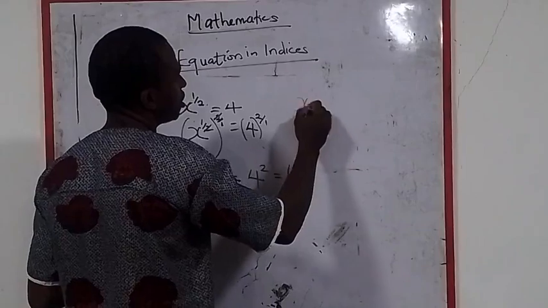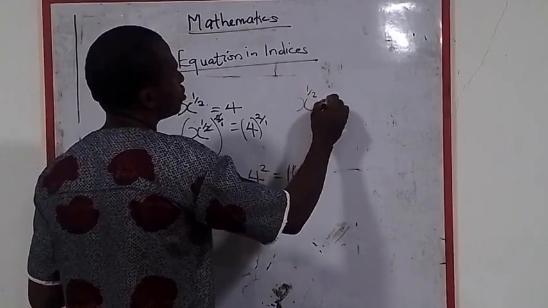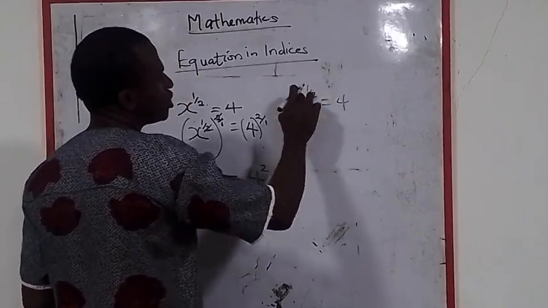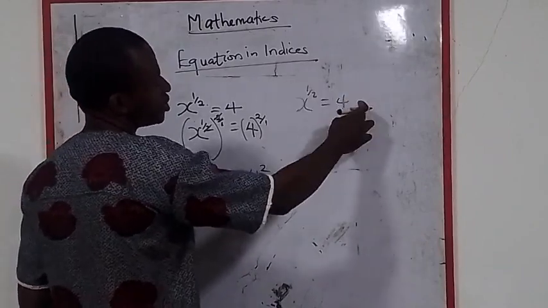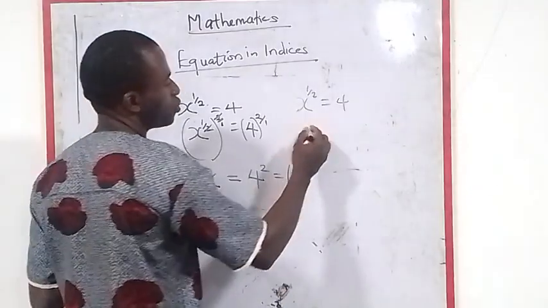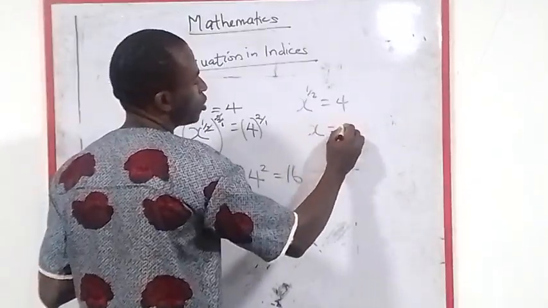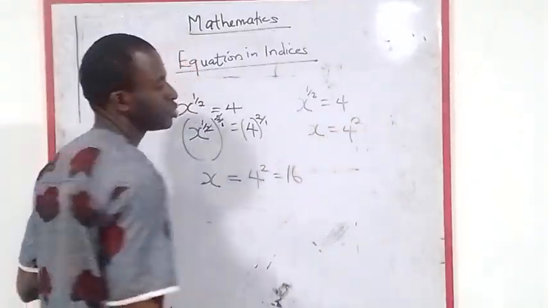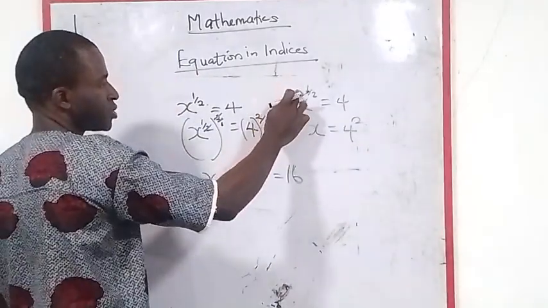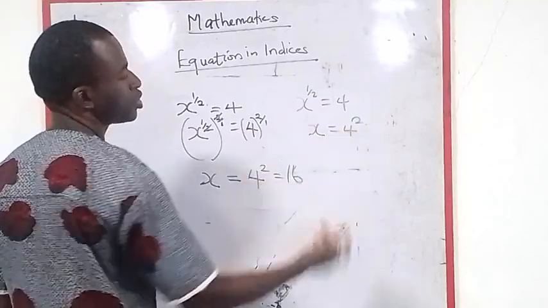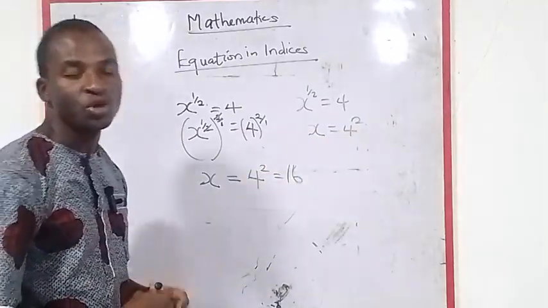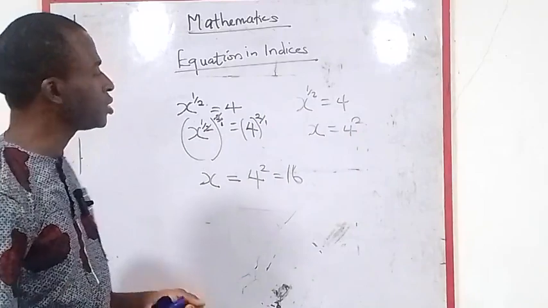On this side is a square root, on the other side the opposite of the square root becomes a square. They will just say it's equal to 4 raised to the power 2. The same thing for cube root, the same thing for fourth root, and all the like.